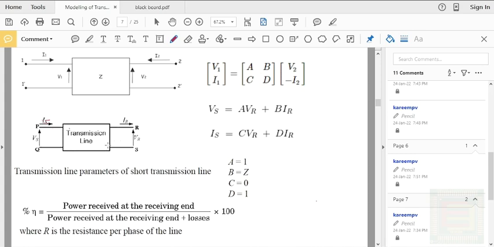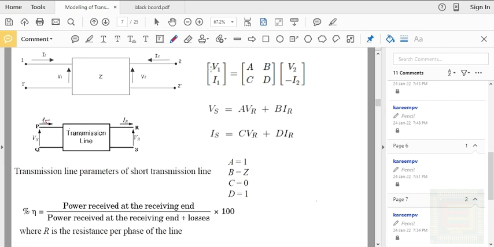So in order to represent the short transmission line in terms of its transmission line parameters, the standard equation will be this: V1 and I1 will be Vs and Is, the sending end voltage and sending end current respectively, and A, B, C, D are the transmission line parameters. And instead of V2 and I2, you have VR as the receiving end voltage and IR as the receiving end current. So from here you can see that V1 will be equal to A V2 minus B I2, and here instead of minus I2 we have IR, because IR is flowing out of the network.